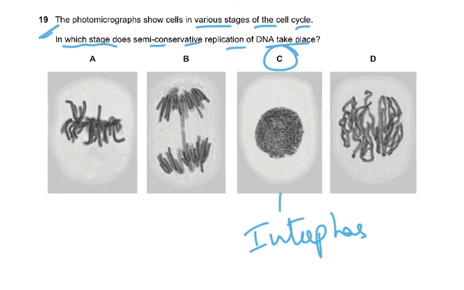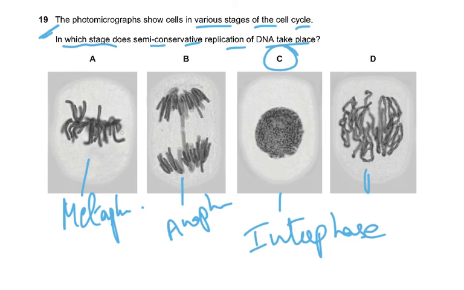In S phase of interphase, DNA replication takes place semi-conservatively. What is this? This is metaphase. Just a quick revision: this is anaphase and this is prophase, when the chromosomes have condensed and become thick, and the nuclear membrane is starting to disintegrate or has disintegrated. We can't really see much of it.